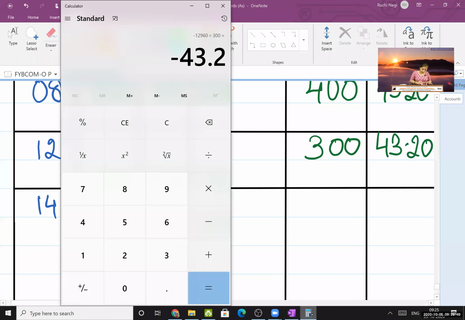So 400 into 50 is 20,000. It is a purchase, so it will be added. Quantity add, amount add. So 300 plus 400 is how much? 700. So right here, 700.